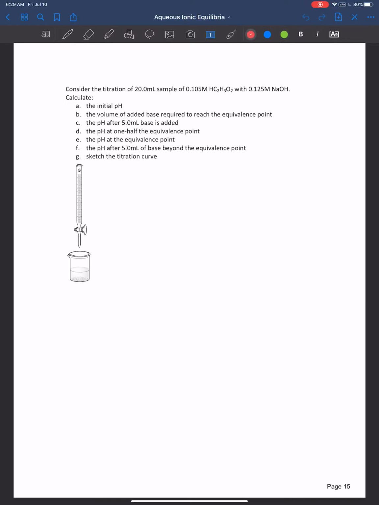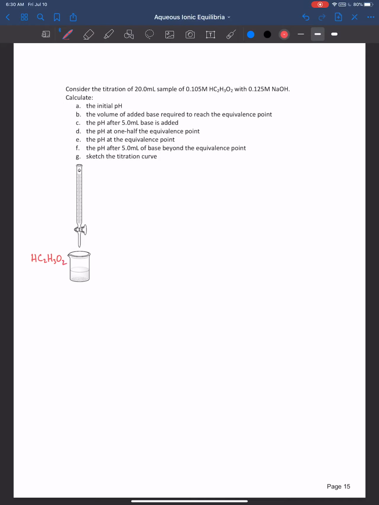So remember to always think of the design of the titration: what's in your beaker, what's in your burette. It says that we're titrating acetic acid, HC2H3O2.